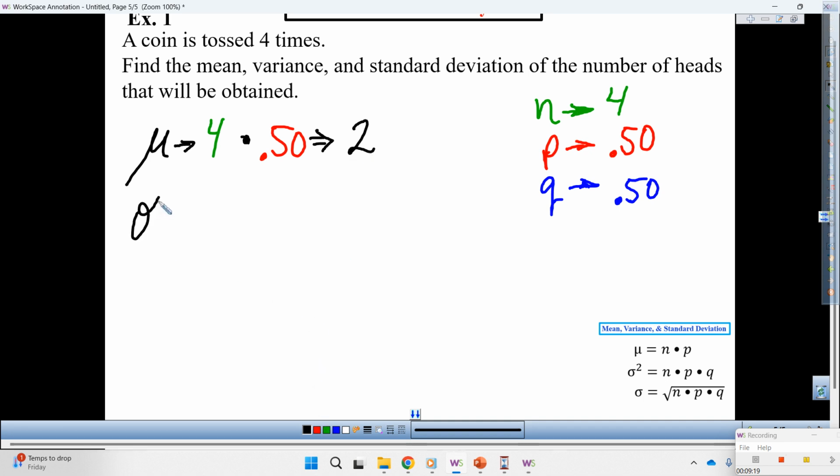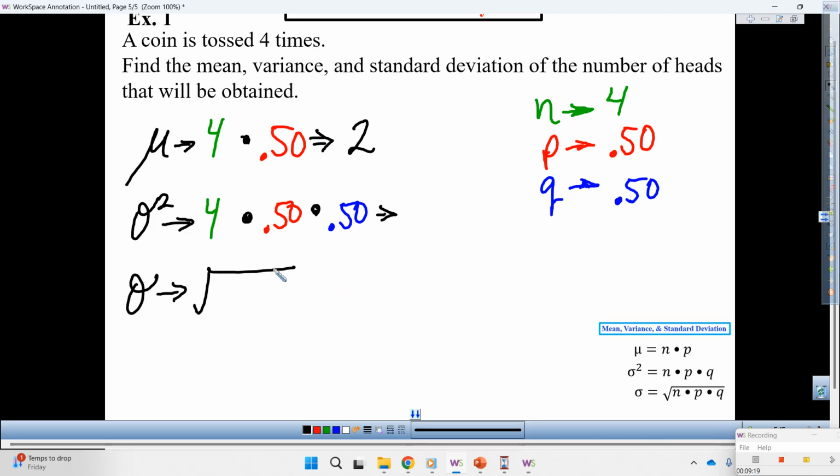Next, let's find the variance, which is 4 times 0.50 times 0.50, which is what? 1. And of course, for the standard deviation, everyone, what is the square root of 1? 1. That is correct.